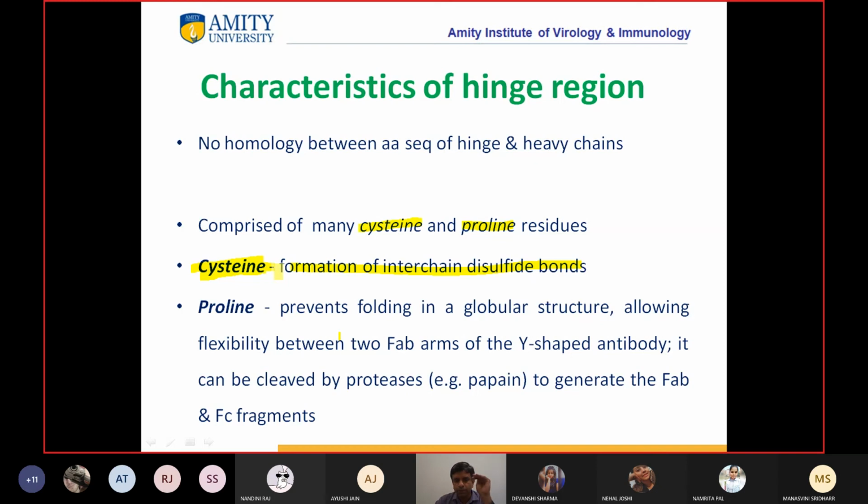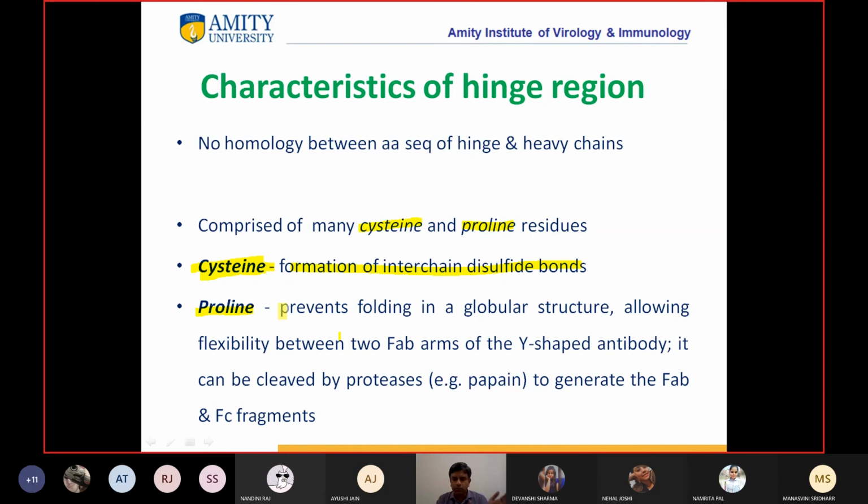So the purpose of having cysteine there is that it helps in the formation of interchain disulfide bonds, and then it is also rich in proline, which again has a very important function. Proline prevents folding into a globular structure. Antibody has a specific structure, and that is mainly because of proline.